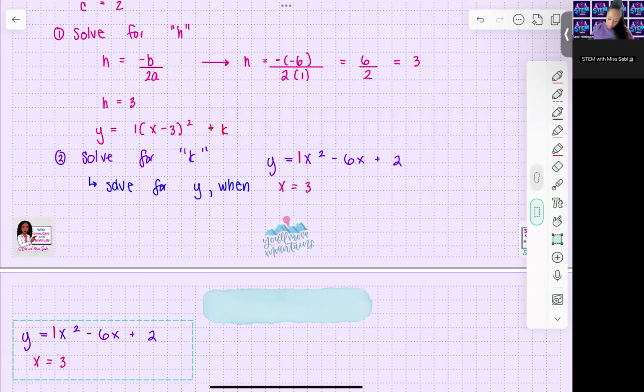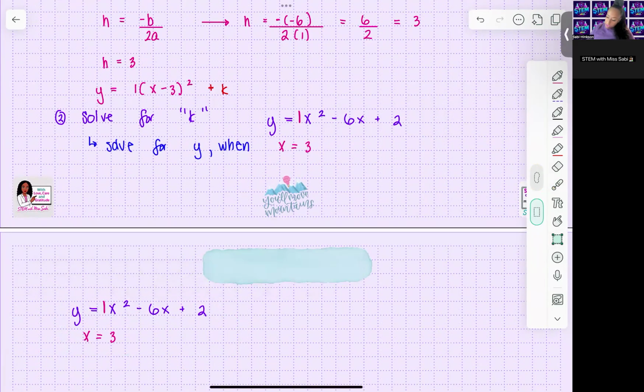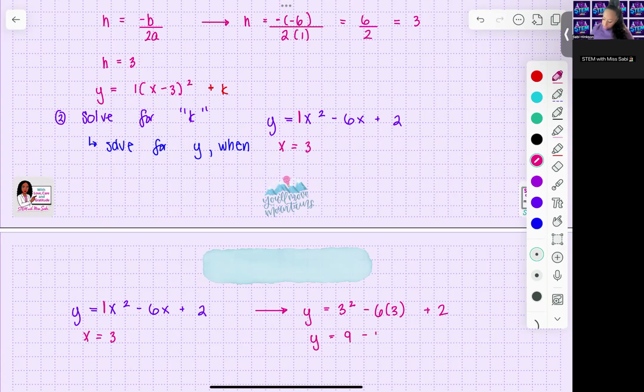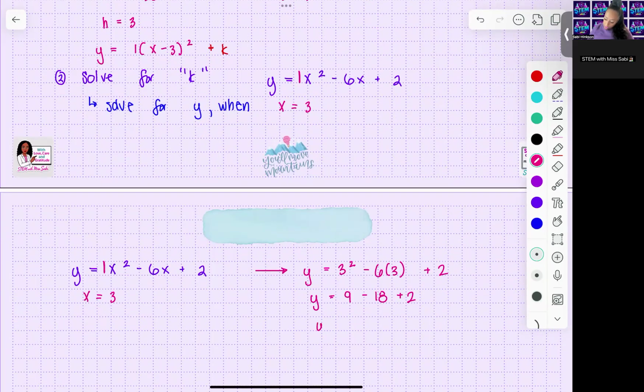Wherever I see x, I'm going to put 3 instead. So I have 3 squared minus 6 times 3 plus 2. Y is equal to 9 minus 18 plus 2. That's 9 minus 18, -9. 2 minus 9 is -7.